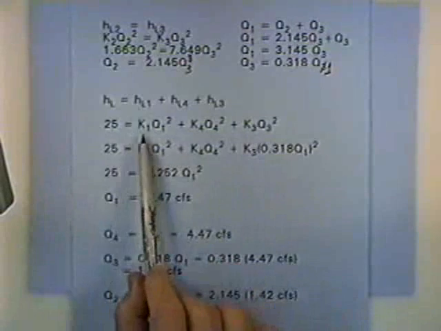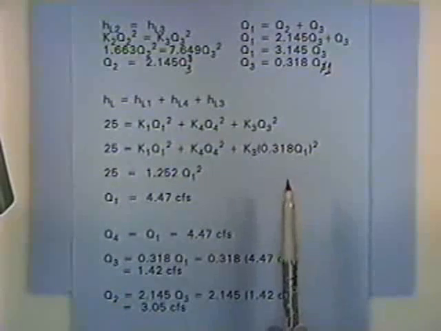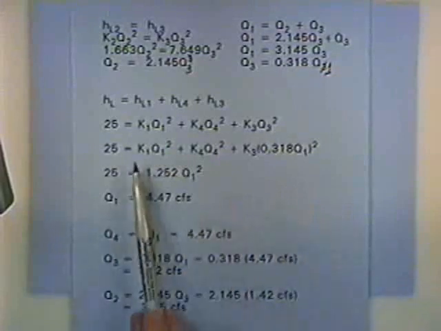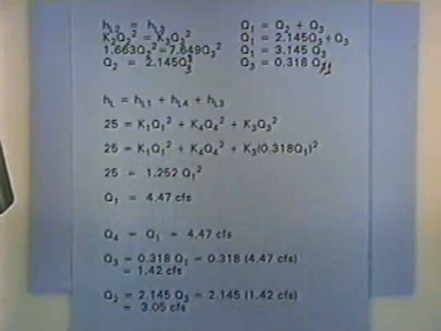And so for each head loss, we plug in KQ squared. And then we've got values for the Ks. I see I didn't actually write them in, but if we know each of the Ks, we plug in the numbers for the Ks. And a couple of the pipes have the same diameter.